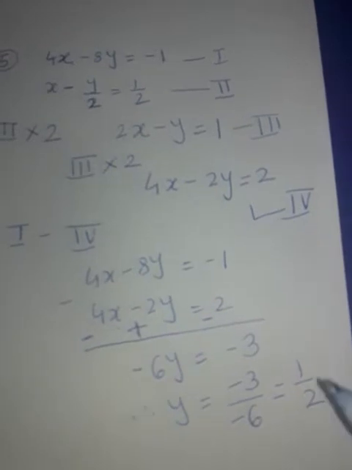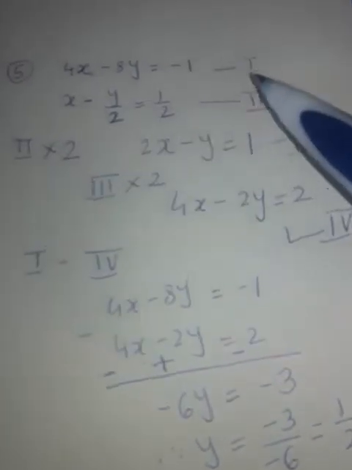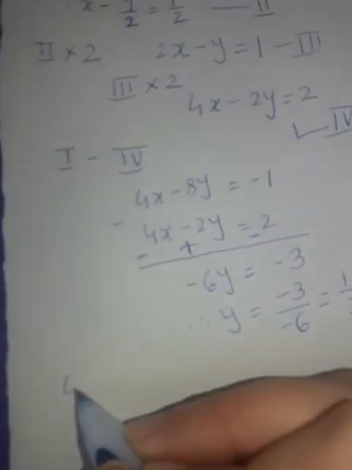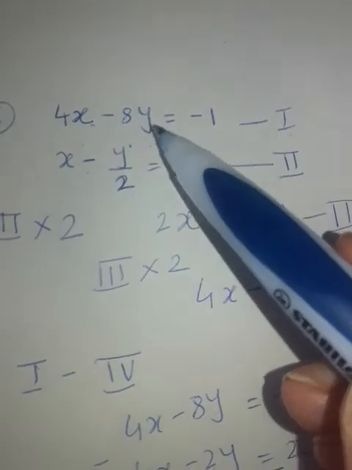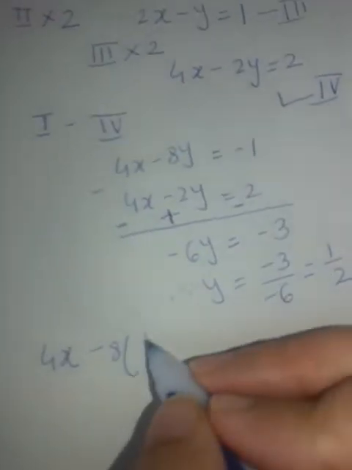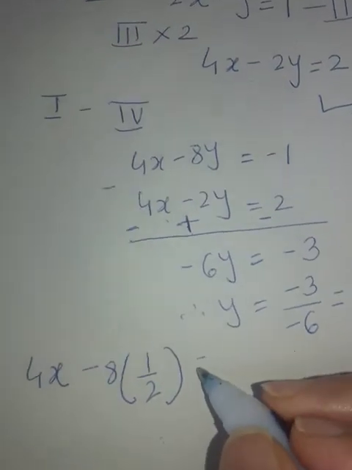Now I can substitute this value in either 1 or 2 or 3 or 4. Suppose I substitute it in equation 1. What I'll get? 4x minus 8, in the bracket y, is equal to minus 1.